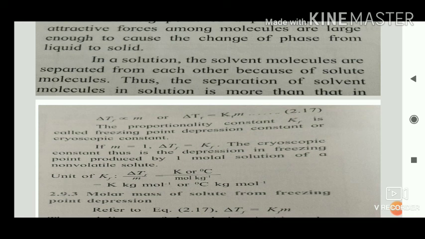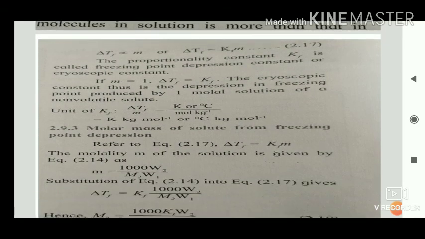If m is equal to 1, that is molality, the way to express the concentration of the solute, delta TF is equal to Kf. The cryoscopic constant thus is the depression in freezing point produced by a 1 molal solution of a non-volatile solute.